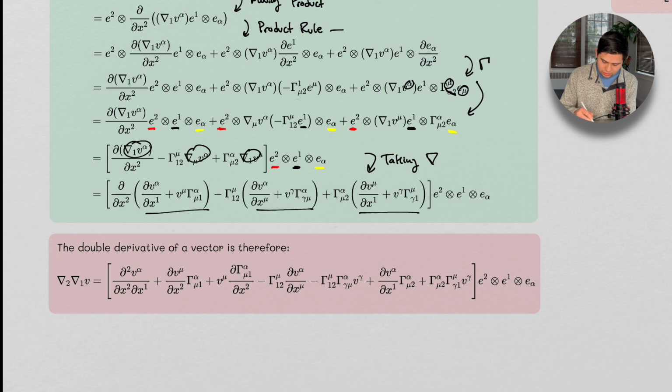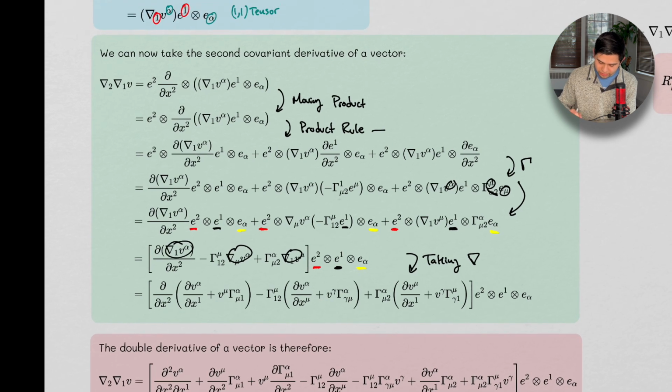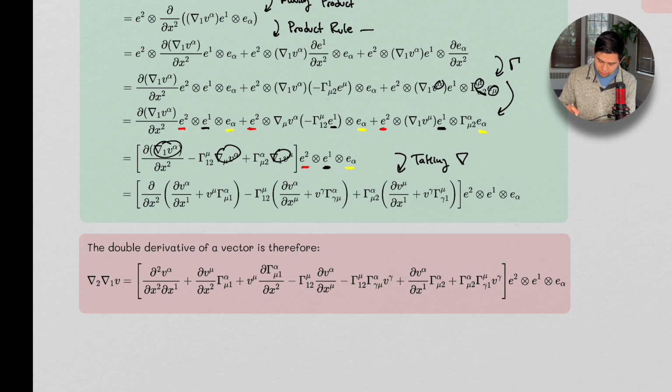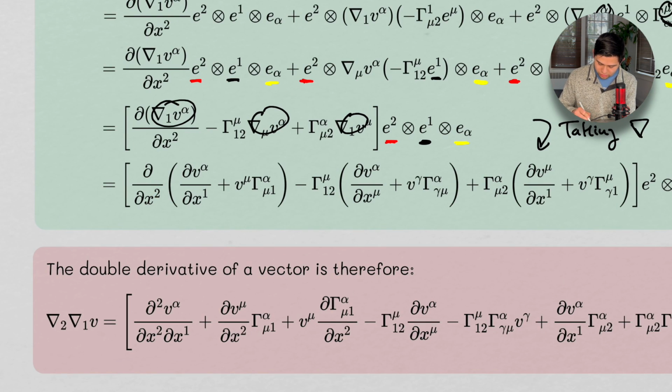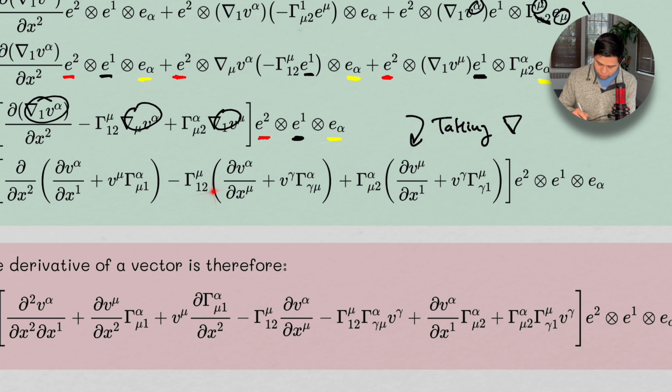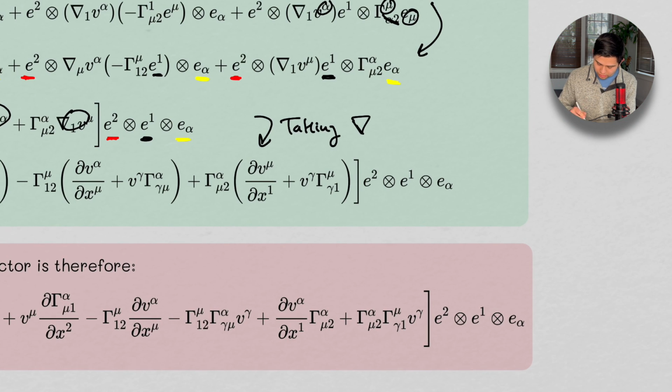So this guy right here is the full-on double derivative of some vector first in the one direction and then in the y direction. So in the x direction, in the y direction. Right, we just have to fill it. So these just have to match, right? So 2, 1, 1, 2, and then 2, 1, 1, and then 2, 1, and alpha.